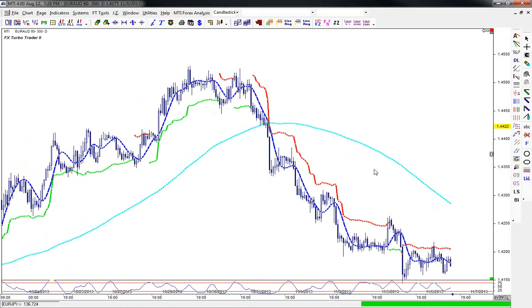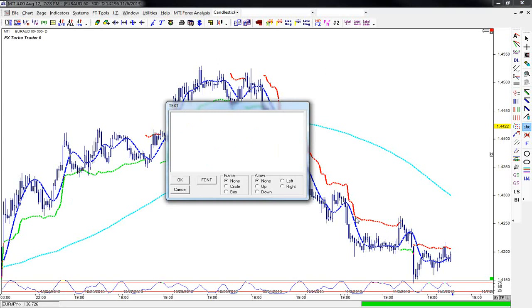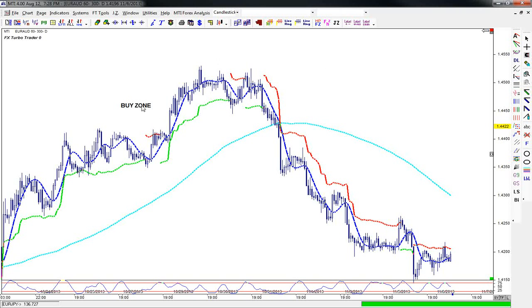The very first thing I want you to look at is this teal blue line. How many of you see this teal blue line? Fair enough? So what happens when the candles are above the teal blue line? What does that mean? Anything above the teal blue line is basically your buy zone. If you're taking notes, above the teal blue line is your buy zone.